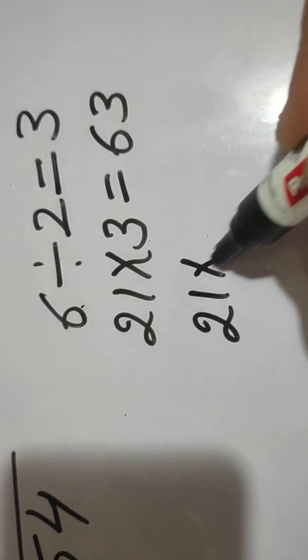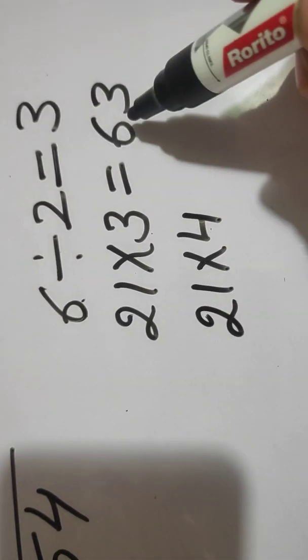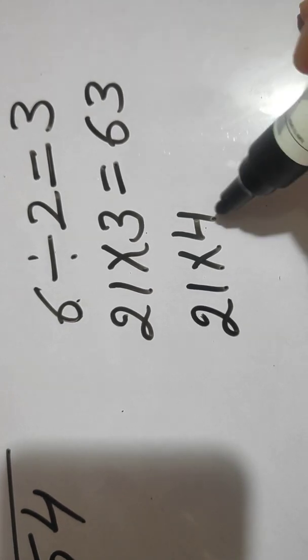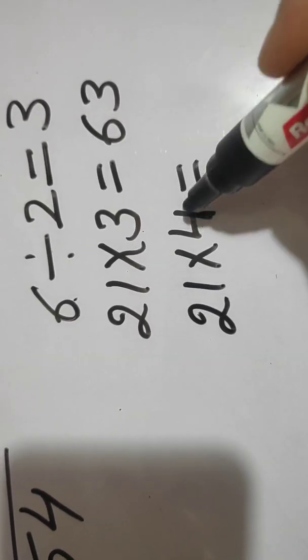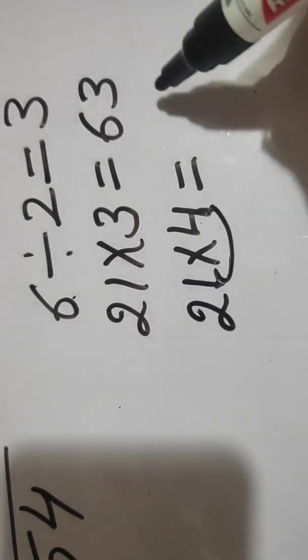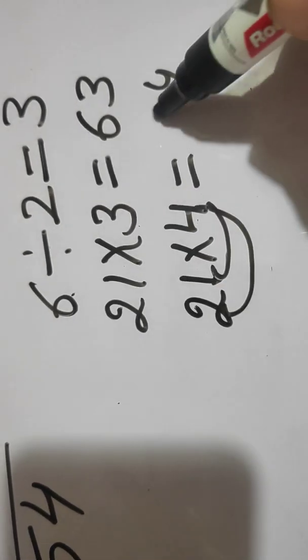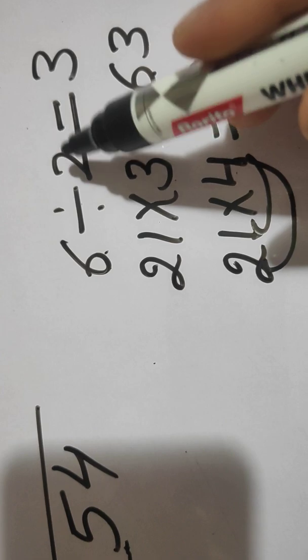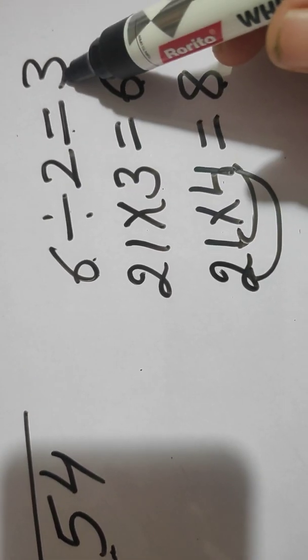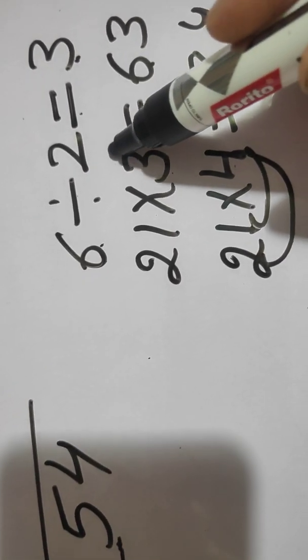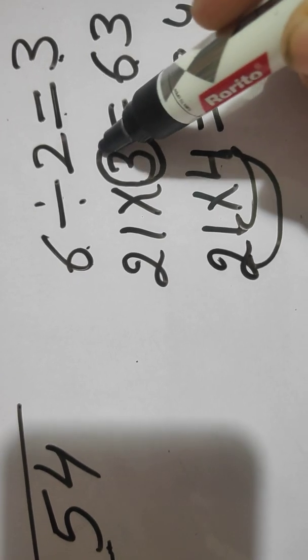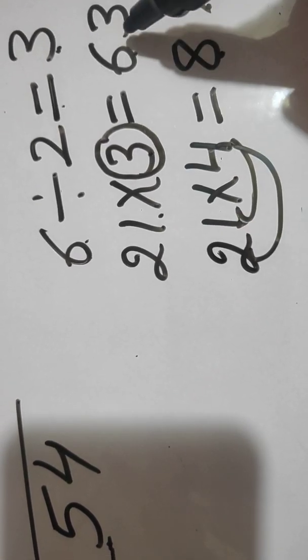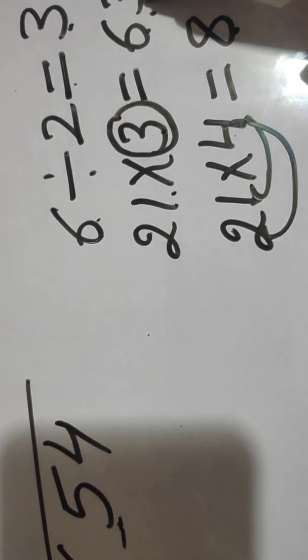Multiply it by the next number also because 65 is greater than 63. So let's check once with 4. 4 ones are 4, 4 twos are 8. No, it becomes 84. So our guess was right, our estimate was right. If we multiply 21 by 3, 63 is the right answer.